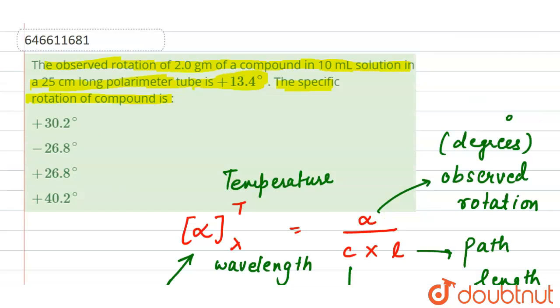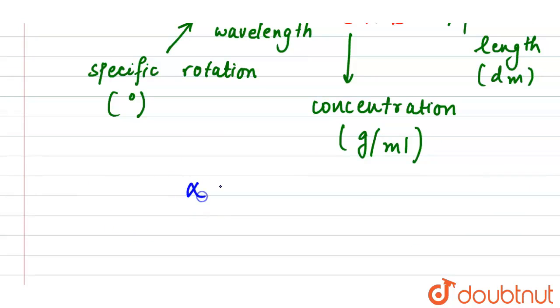Now we have the formula, right? But what's given in the question? We are given the alpha value, that is the observed rotation, alpha equal to plus 13.4 degrees.